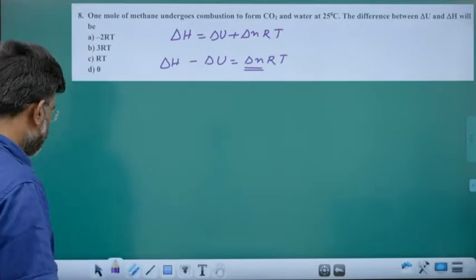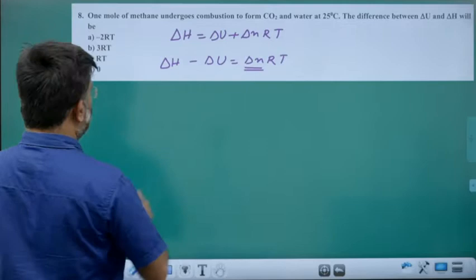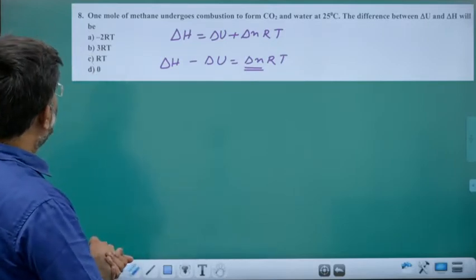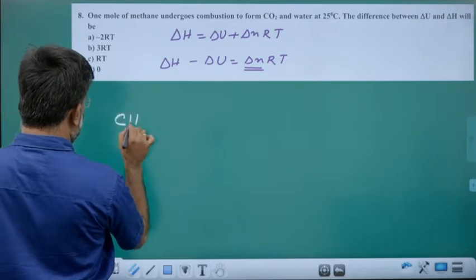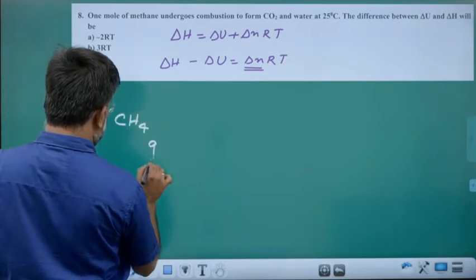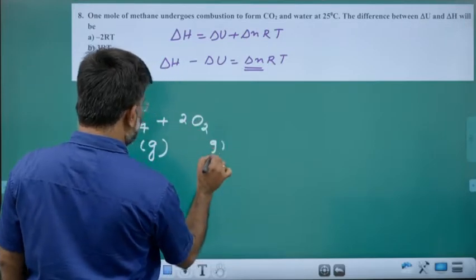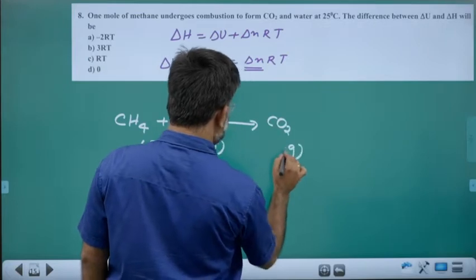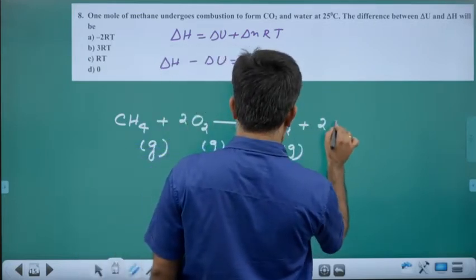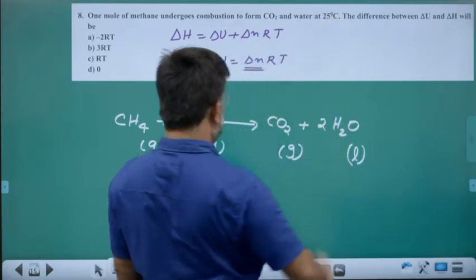What is the reaction we are concerned with? 1 mole of methane undergoes combustion. Methane gas burns with 2 oxygen gas, and you get 1 carbon dioxide gas and 2 H2O liquid, as it is at 25 degrees Celsius.